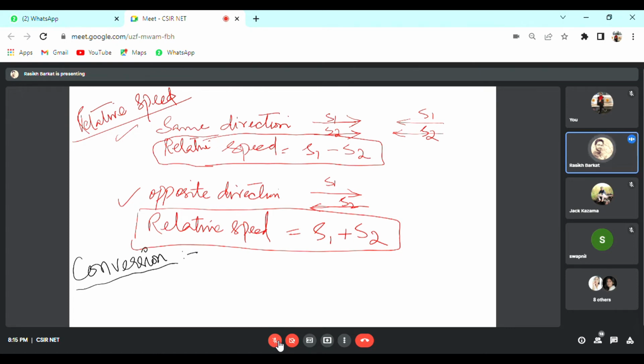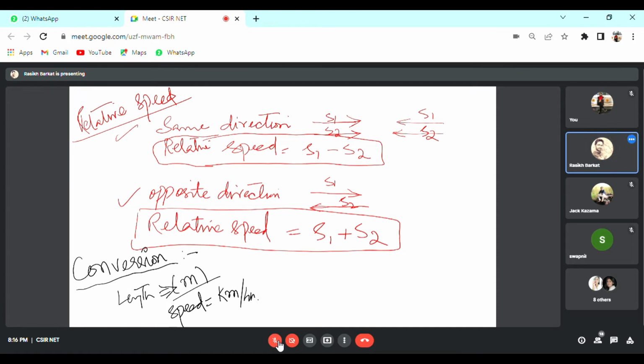Conversion means, if you see the length of the train will always be given in meters, but speed will be given in kilometer per hour.